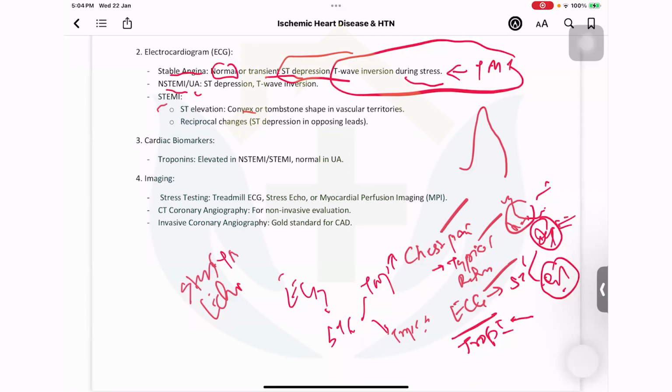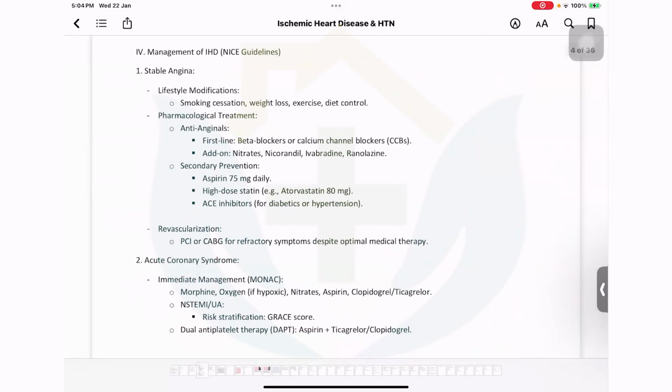If you're still not sure, you can get a stress echo done, or you can do myocardial perfusion imaging, and so forth. If you are still not convinced whether the patient has an anginal or a non-anginal pain, you go for a CT coronary angiography. If the patient wants a non-invasive one, you can go for CT; otherwise an invasive coronary angiography, which is definitive and the gold standard, and you can do intervention at the same time.